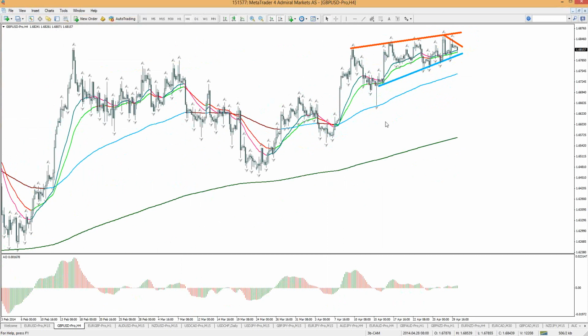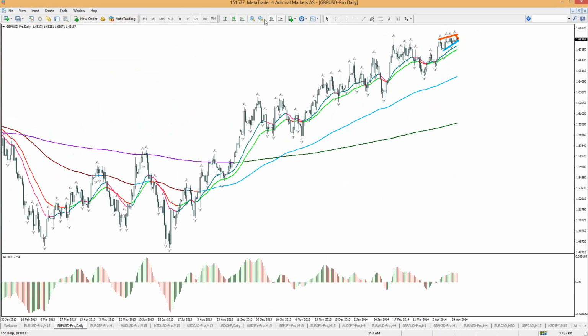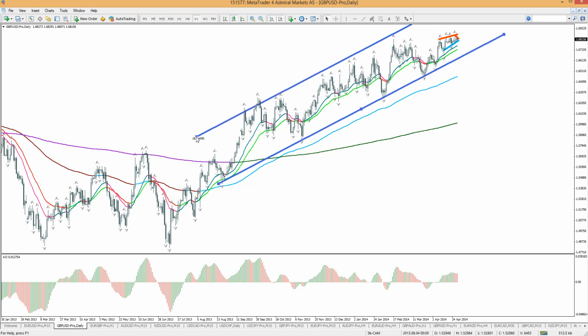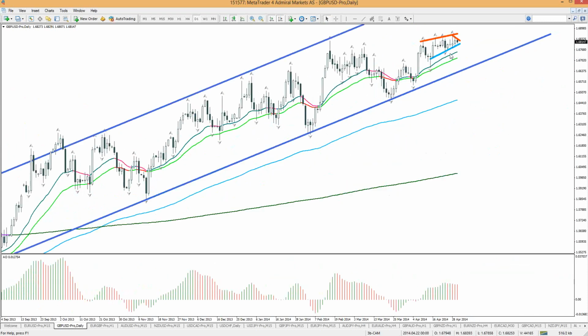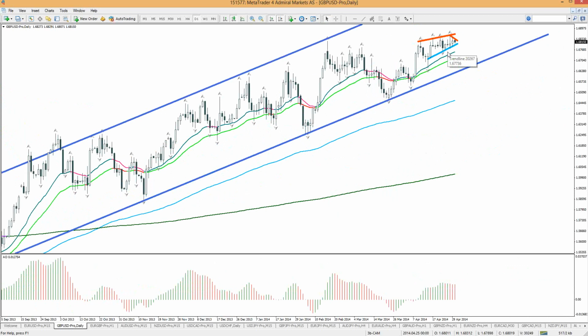Other than that, you can definitely see the moving averages pointed up, and on the daily chart, certainly we can see this particular trend channel like that, and price still definitely being heavily ingrained on the daily chart in this uptrend. Therefore, the break of the light blue here could only mean, for instance, a retrace back to this daily support before we get another bounce up.